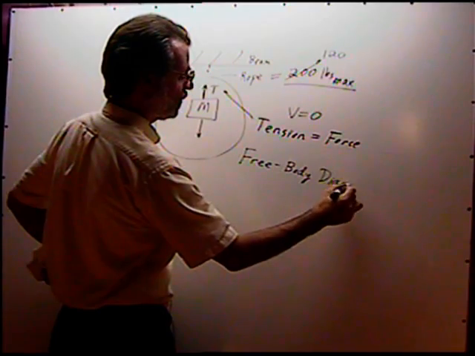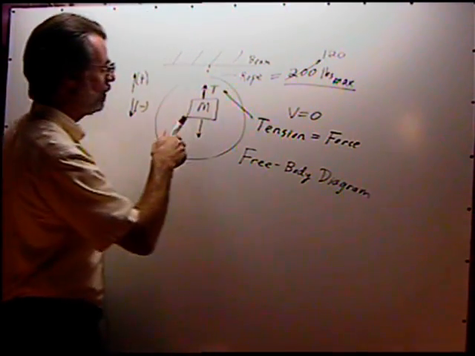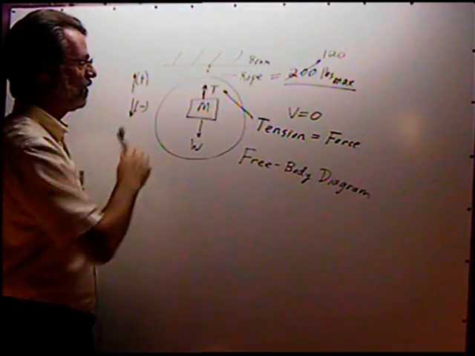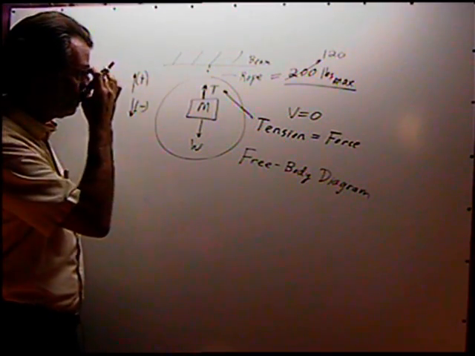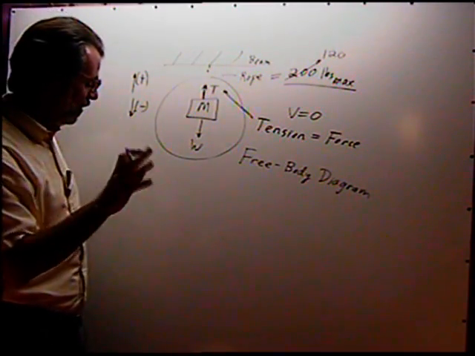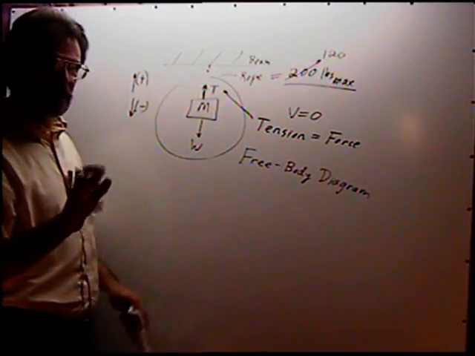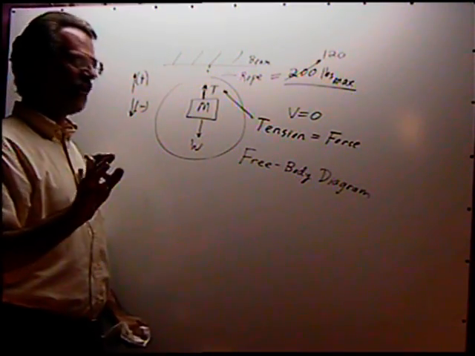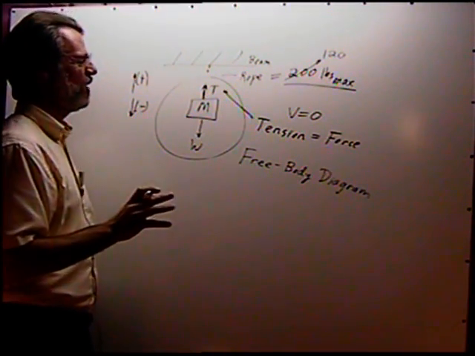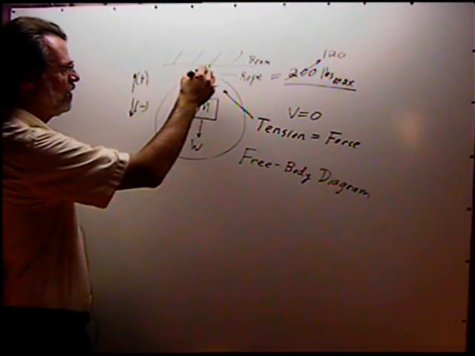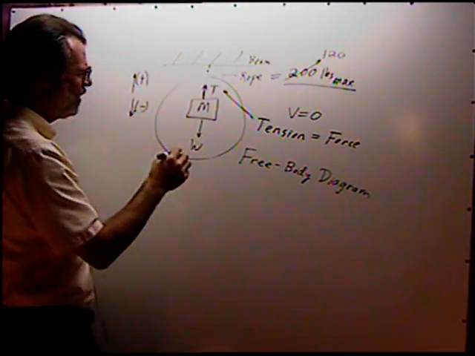It's really a force diagram that describes all the forces that act on a certain object. Just for diagram purposes, and for the sake of understanding what's going on inside the rope, let's look closer at this rope.